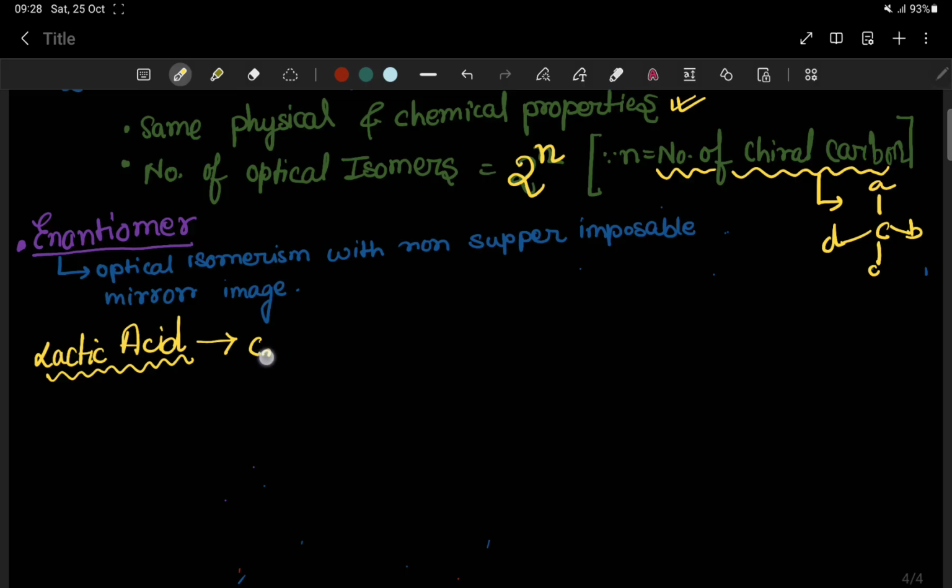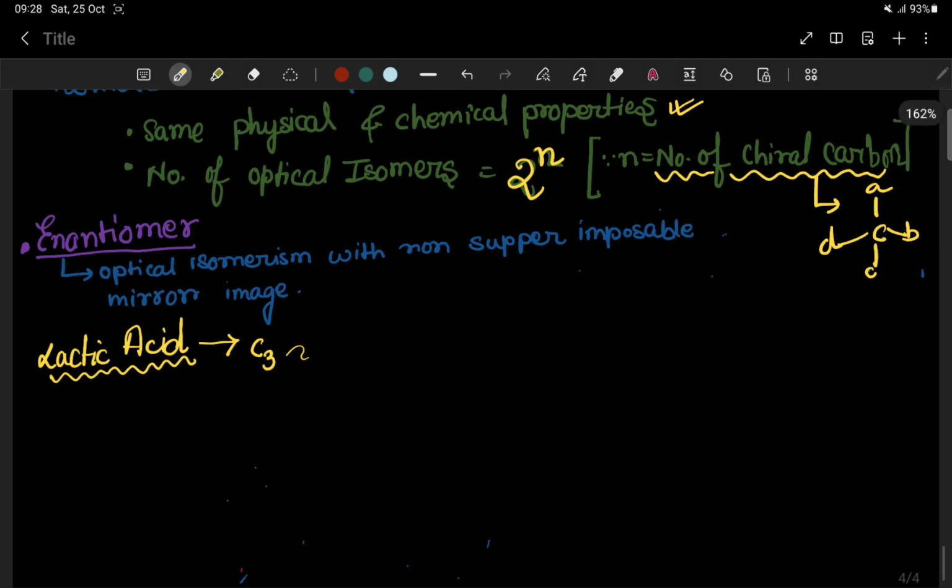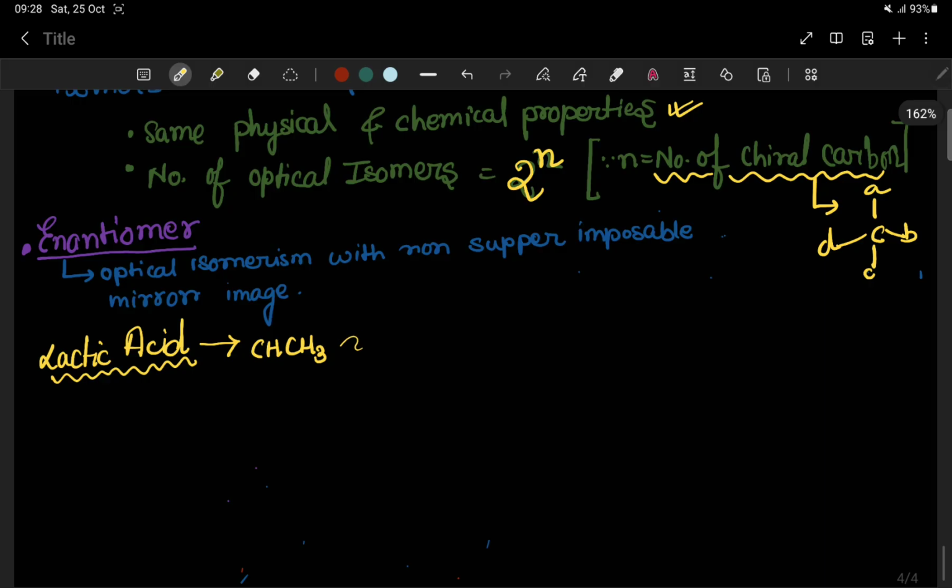CH3 CH(OH) COOH. Okay, this is the formula of lactic acid.